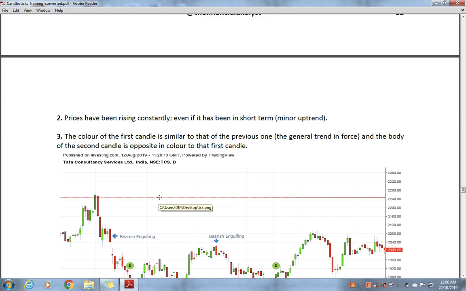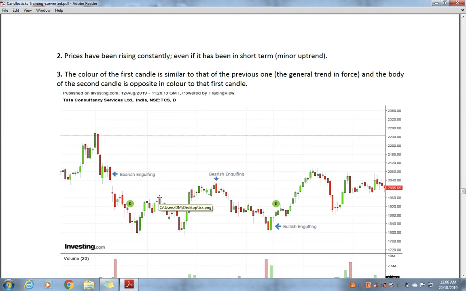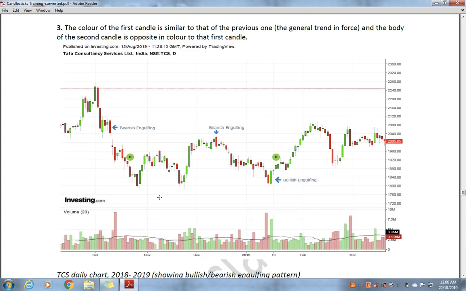So we'll just study the charts right now and then get into some signal confirmations. If we see over here, this is a chart of Tata Consultancy Services, the daily chart of December 2018. Prices have been rising from late November, and at this level there is not much strength in the uptrend. And at the peak of the uptrend, we see a very small green candlestick, which is the same color as the previous day, as we discussed.